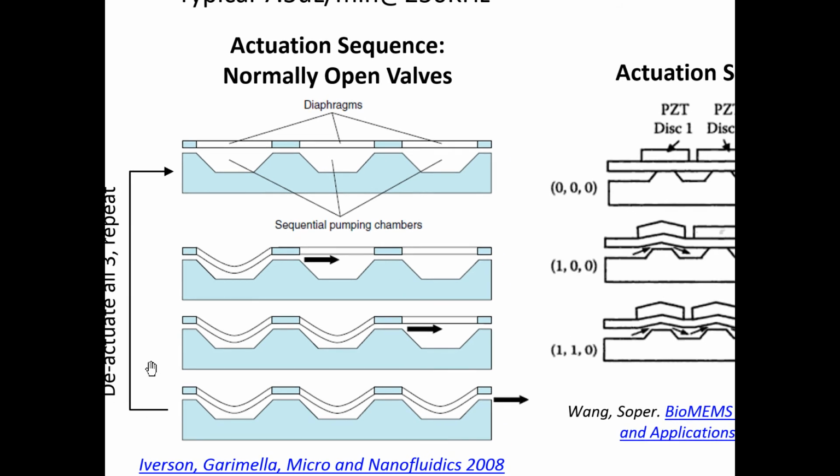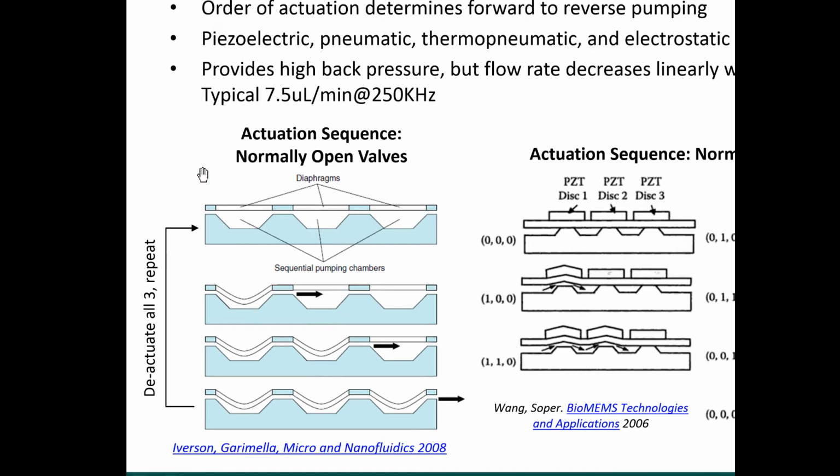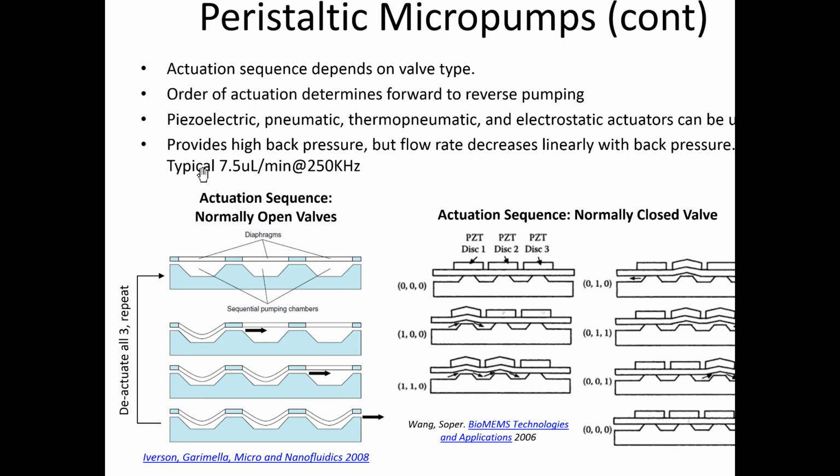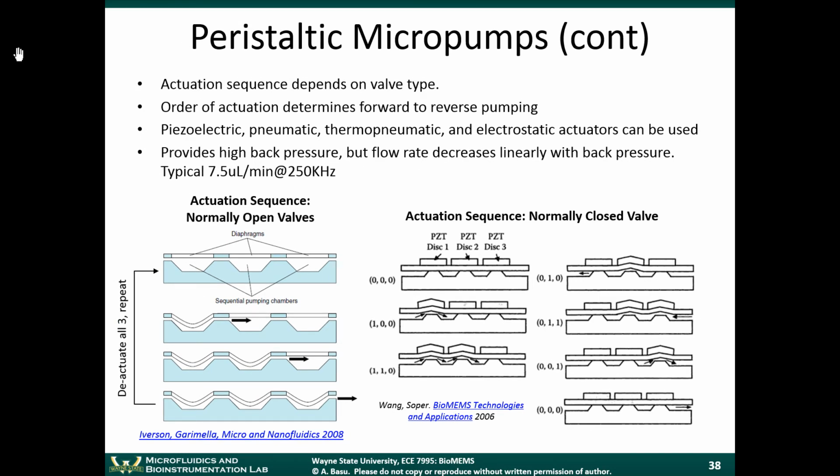Now, one nice thing about a peristaltic pump is that it's bidirectional. If you were to reverse the sequence, if you were to start with the right side instead of the left side, then you'll get pumping in the opposite direction. So that's a nice little benefit of peristaltic pumps or active micropumps. Again, the way that you can control these pumps, you can use piezoelectric, pneumatic, thermopneumatic, even electrostatic actuators.